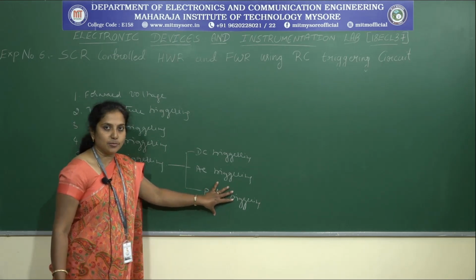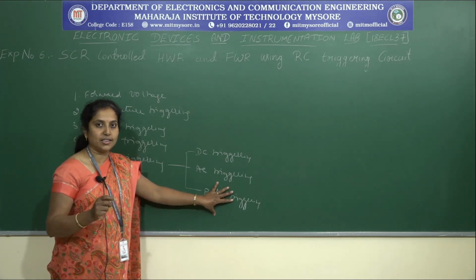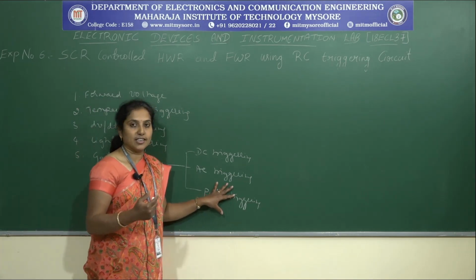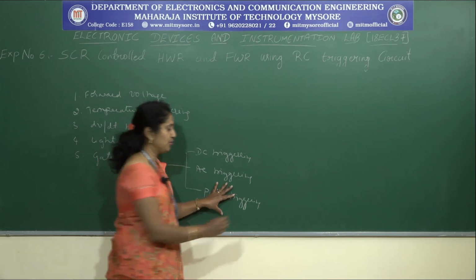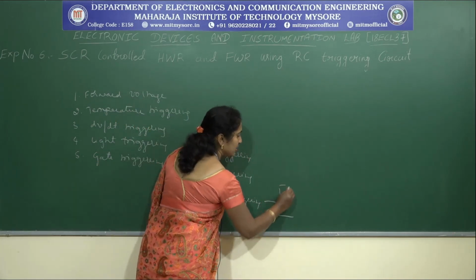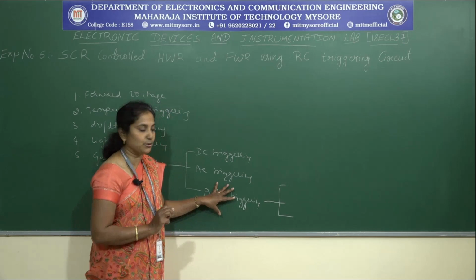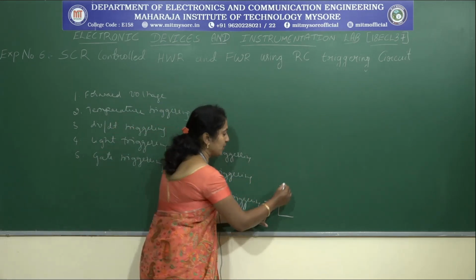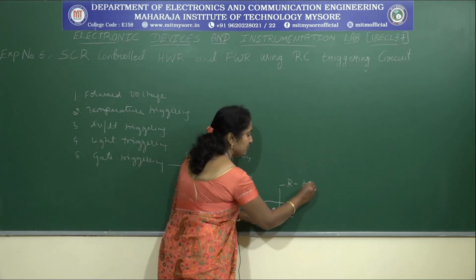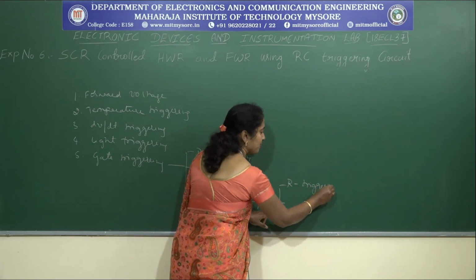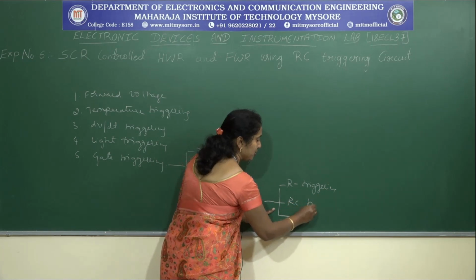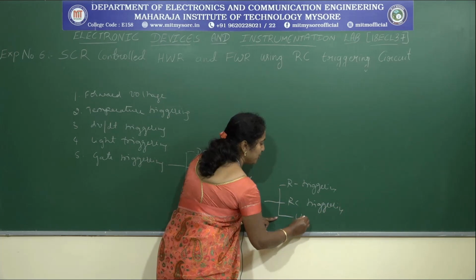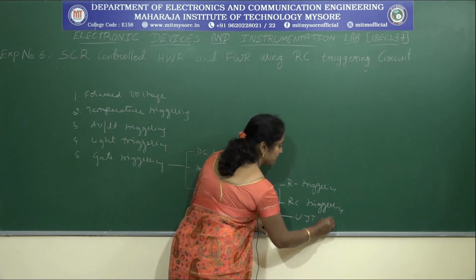Pulse triggering is nothing but a positive voltage applied between the gate and the cathode. In pulse triggering, again we have three types of circuit: in your syllabus you have R triggering circuit, RC triggering circuit, and UJT triggering circuit.